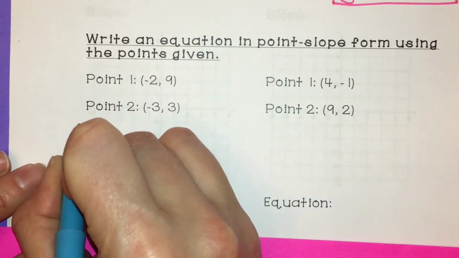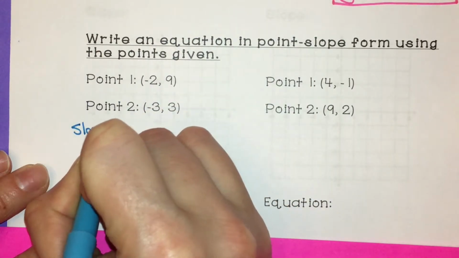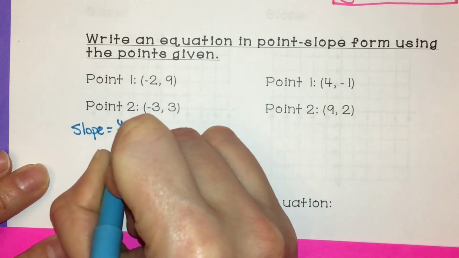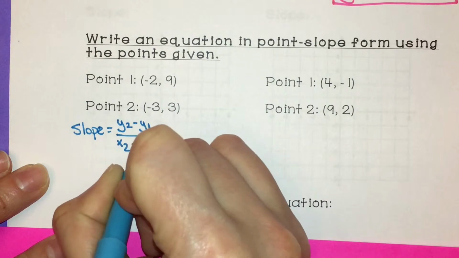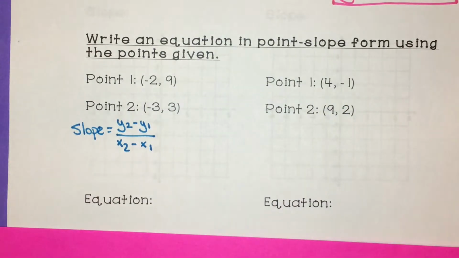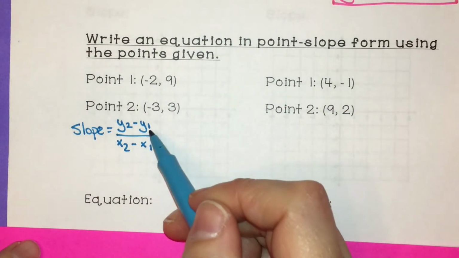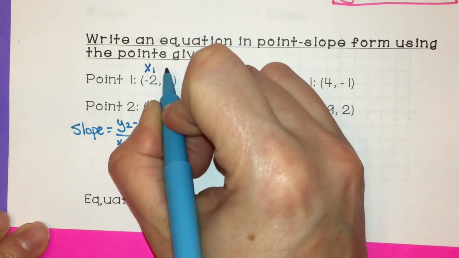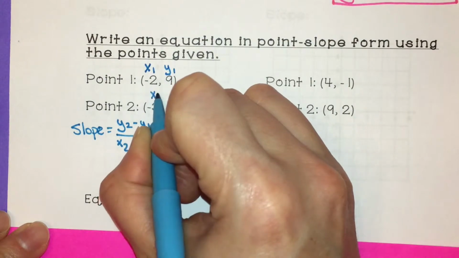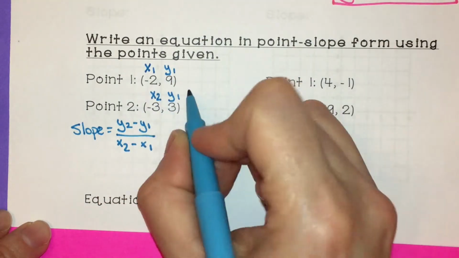So remember, to find slope, one of the formulas is y sub 2 minus y sub 1 over x sub 2 minus x sub 1. So those sub numbers are just from point 1 and point 2. So this is x from point 1, y from point 1, x from point 2, y from point 2.